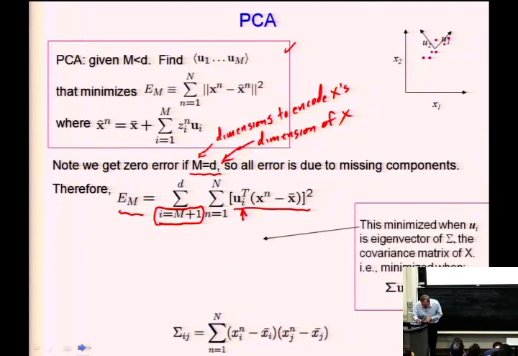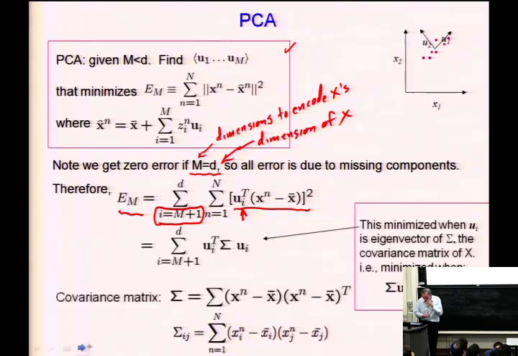So now it gets interesting. I can show that this is equal to this expression, where sigma is the covariance matrix. Now, what is covariance? Let's go down and look at it.